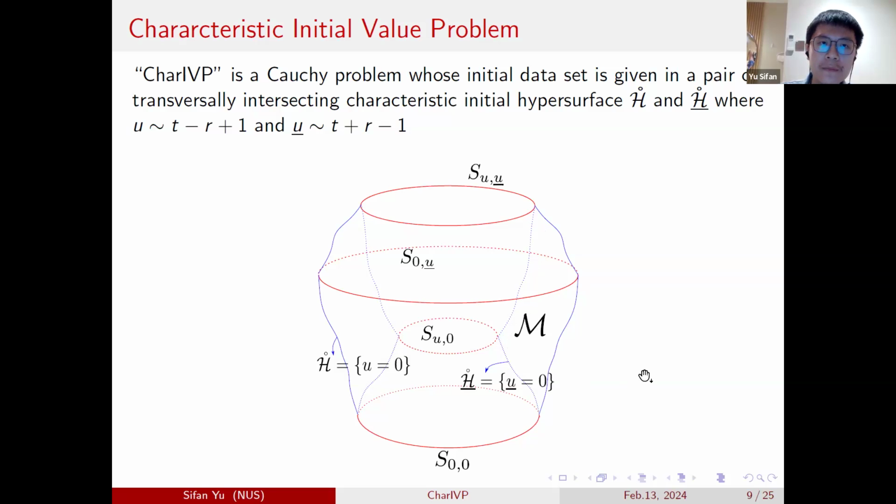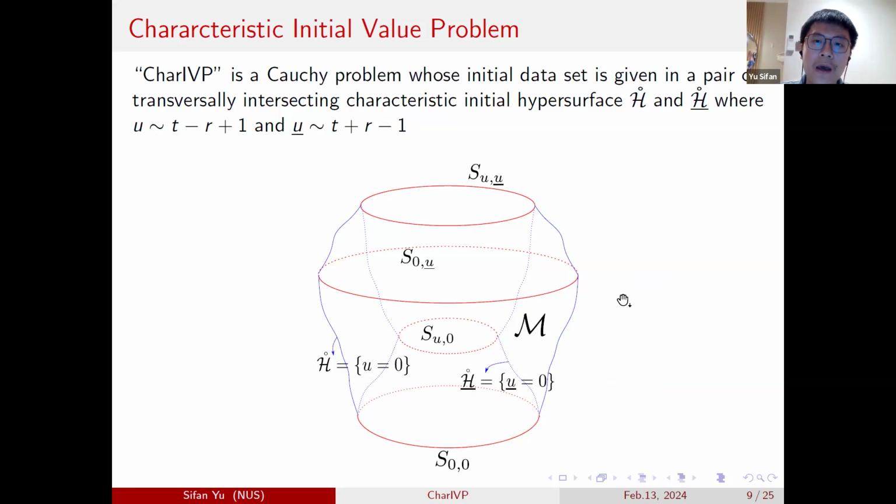There are level sets of u and u bar, and u and u bar actually solve the eikonal equations. In the linear case, you can think of u as close to t minus r plus 1, and u bar as close to t plus r minus 1.